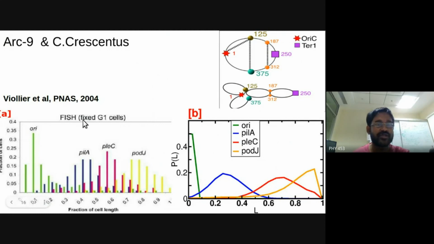On the left, I show data from the experiments conducted by the Lucy Shapiro group in 2004, where they have done fluorescence experiments and looked at the localization of certain loci, and we recover those localization patterns for the same loci using our ARC9 architecture, as I show on the right.